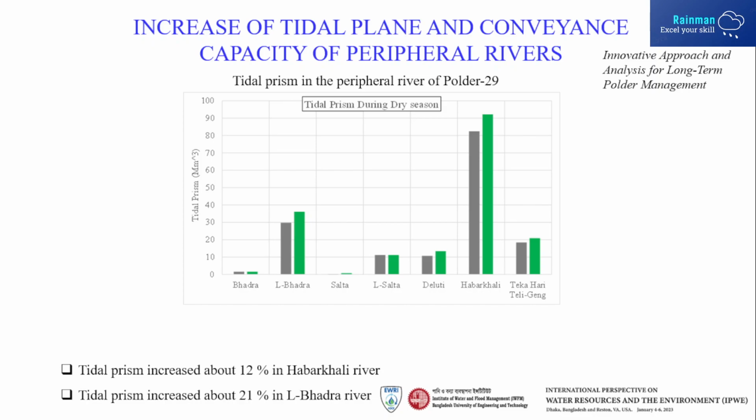By increasing the tidal plane, tidal prism has been increased 12% in Habarkhali River, and 21% in Lower Bhadra River during the dry season.